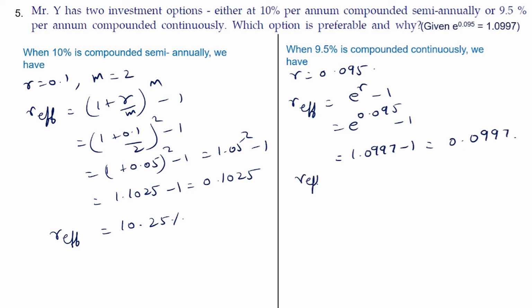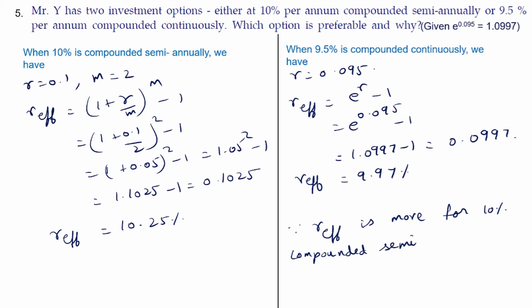In this case, the effective rate of interest is 9.97%. So when 10% is compounded semi-annually, the effective rate of interest is more. So this is a better option, since R effective is more for 10% compounded semi-annually, it is a better option.